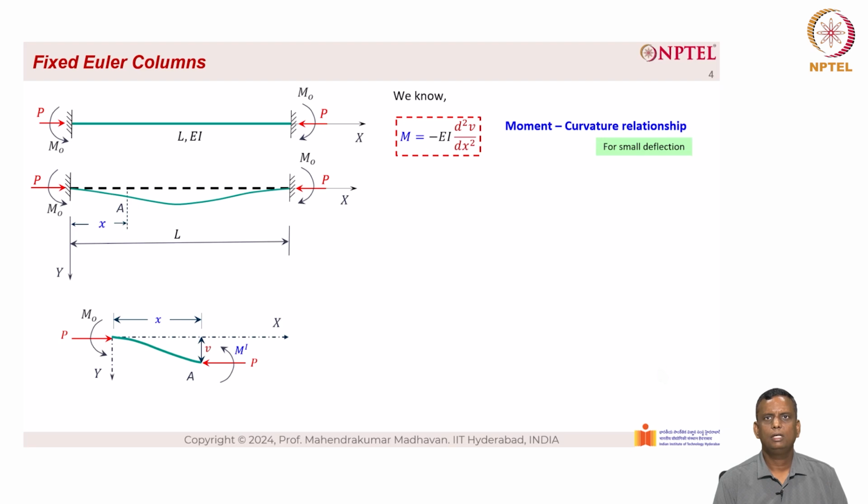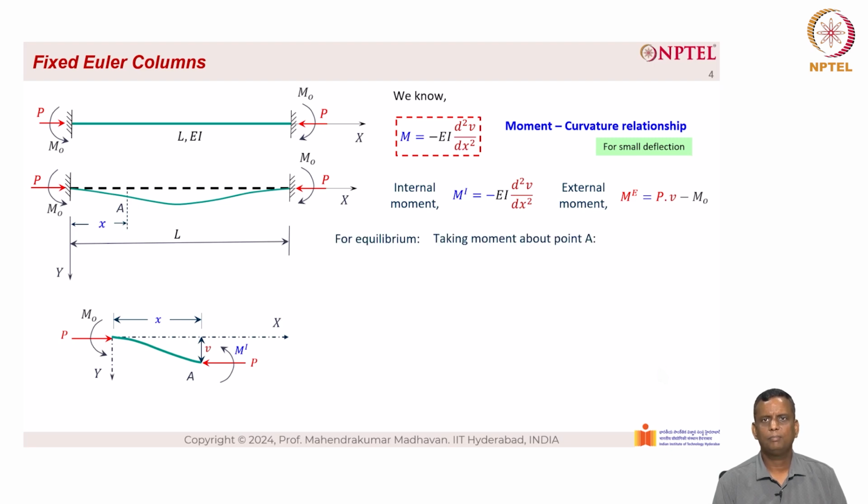We know M equal to minus EI d square v by dx square is the moment curvature relationship for small deflection. The internal moment is given as Mi equal to minus EI d square v by dx square. The external moment Me is given as P into v minus M0.